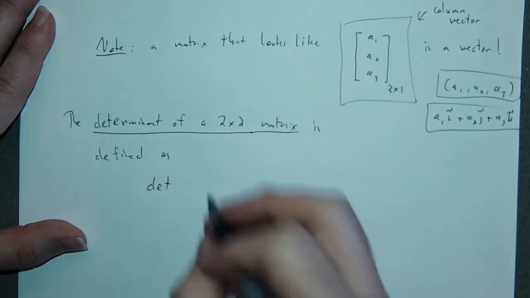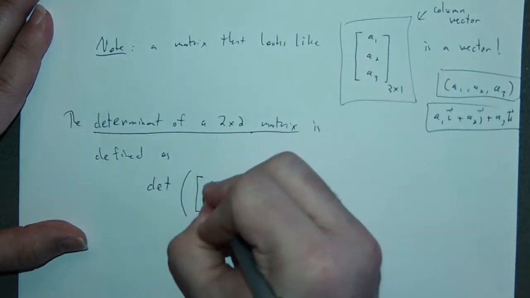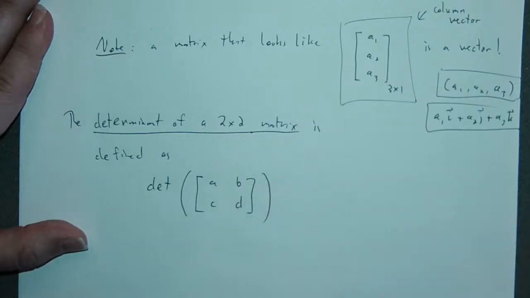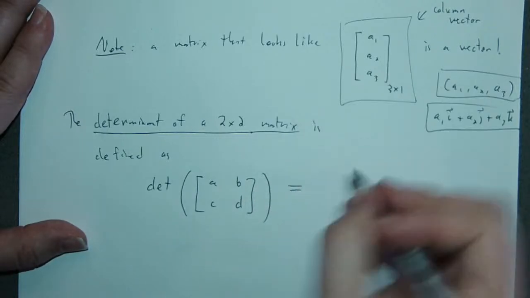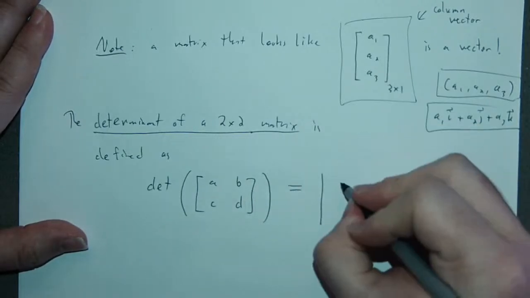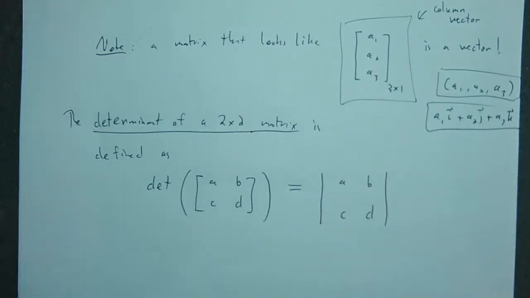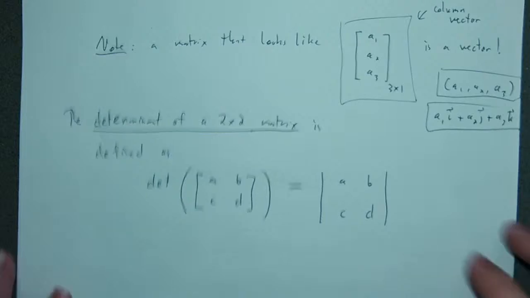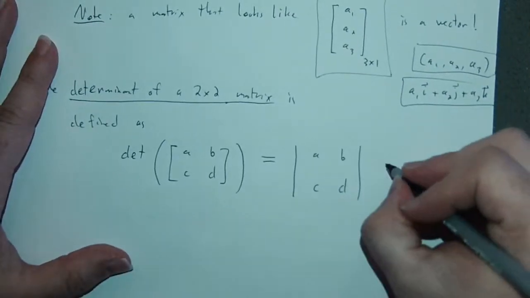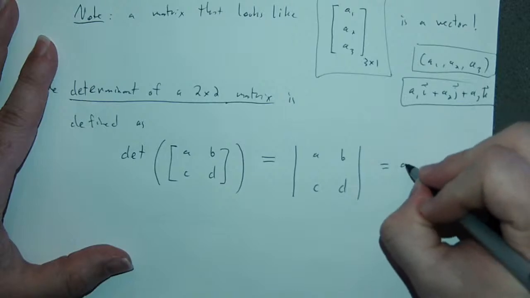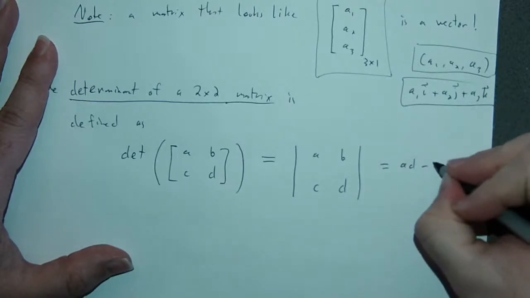Sometimes you write the determinant of a 2 by 2 matrix like this. Other times, an equivalent way of writing this is using absolute value signs, putting the matrix like this. This is just a shorthand version. Okay, but what does this mean? This is A times D minus B times C.